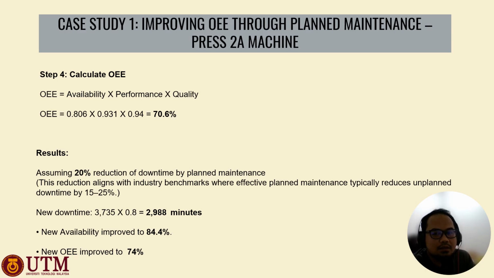So by implementing planned maintenance and assuming a 20% reduction of downtime, we will get a new downtime equal to 2,988 minutes. Because of this new downtime, we get a new availability, which improved to 84.4%, and the new OEE also improved to 74%.